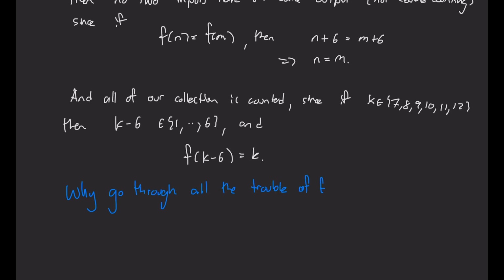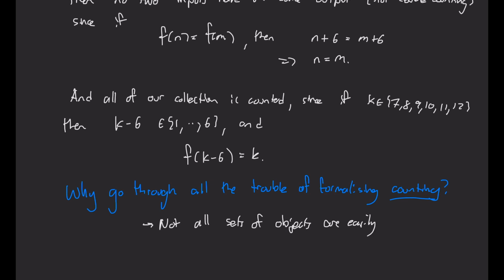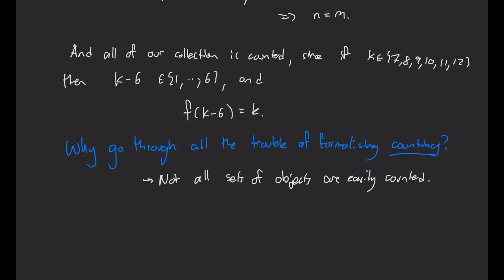Okay, so why go through all the trouble of formalizing counting if it's so simple, something that we do intuitively? Well, I'll offer two reasons for now. First of all, not all sets of objects are easily counted, so we need a way to agree with each other on how we count things sometimes.